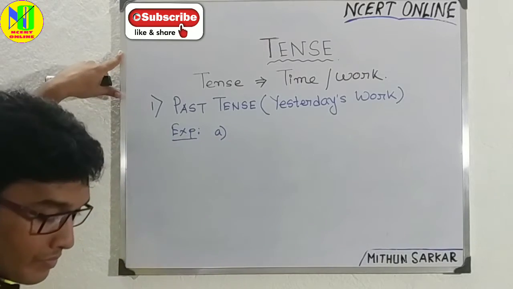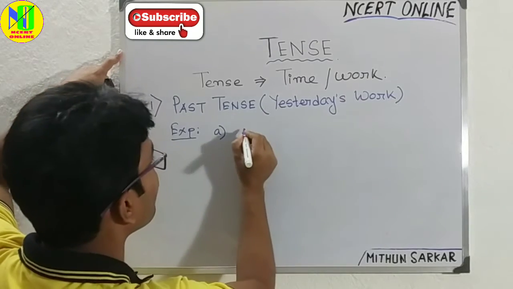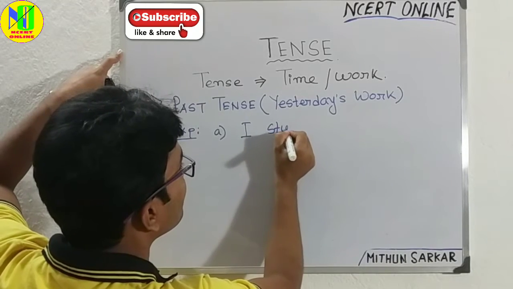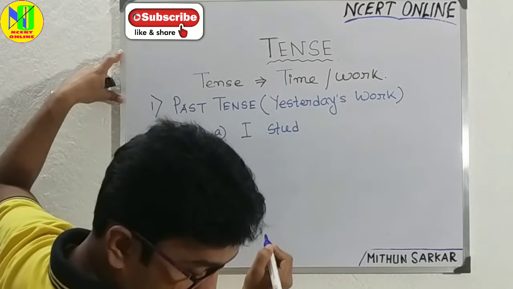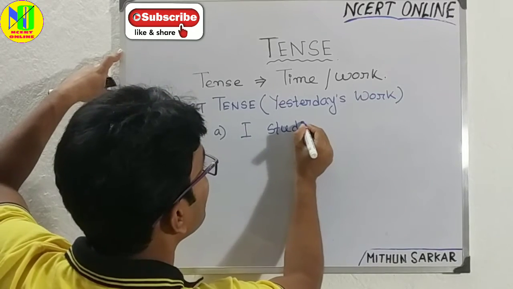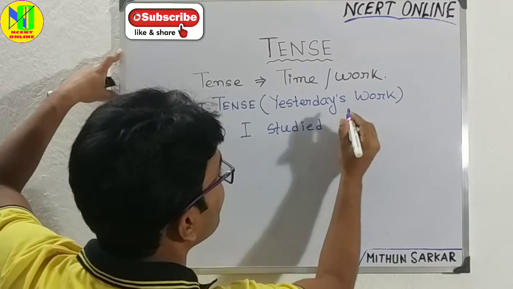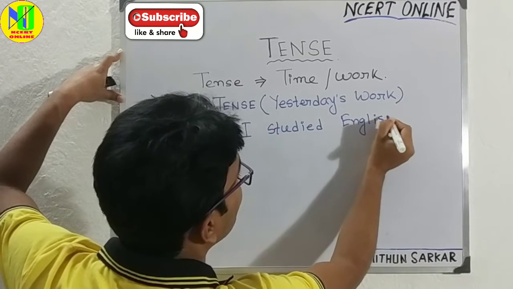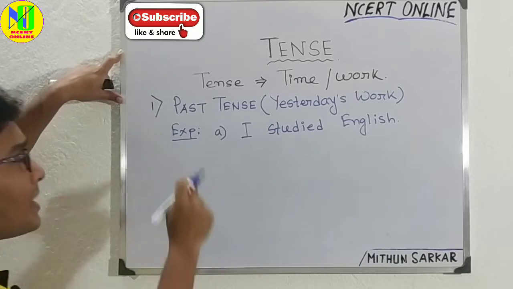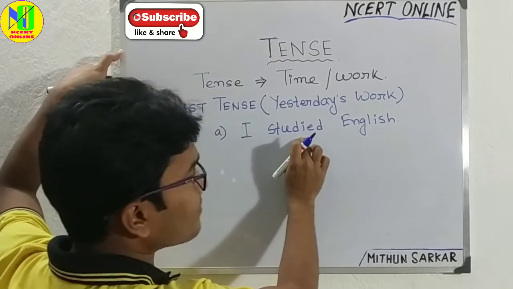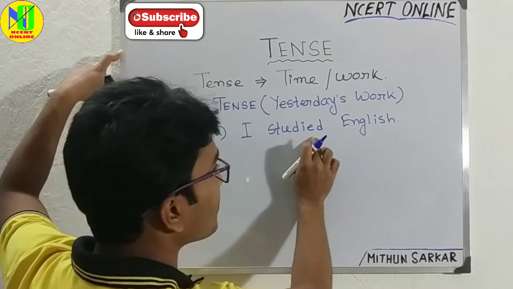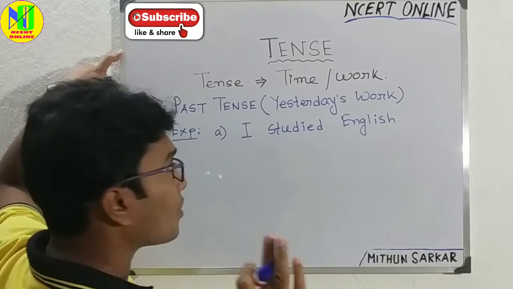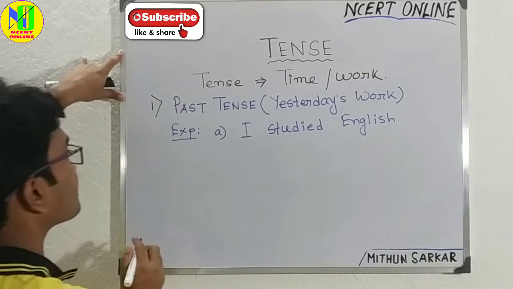Example number one: I studied English. When it is past tense, it is the verb's second form, ed. That's why we write studied. That means previous days, it is past tense.